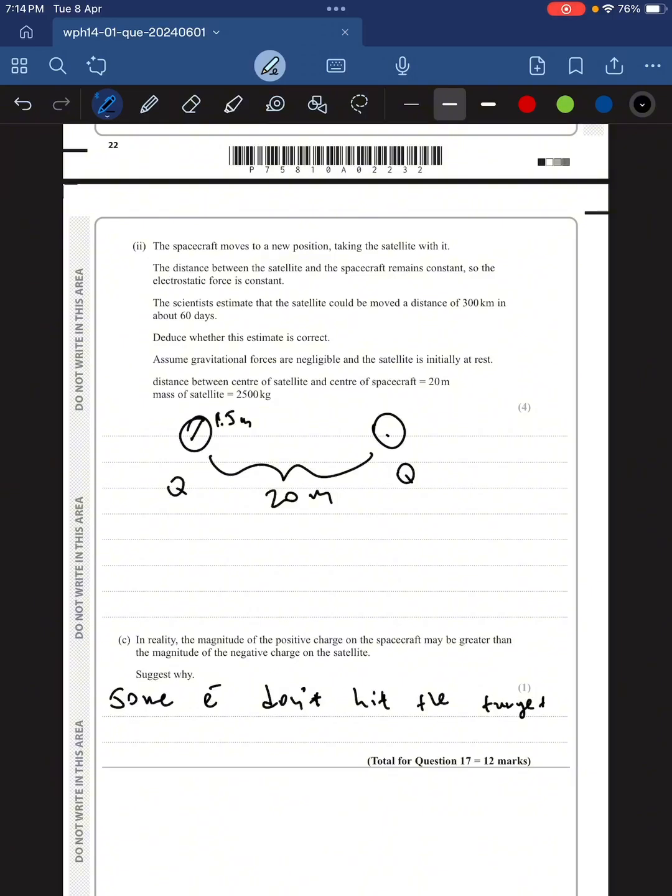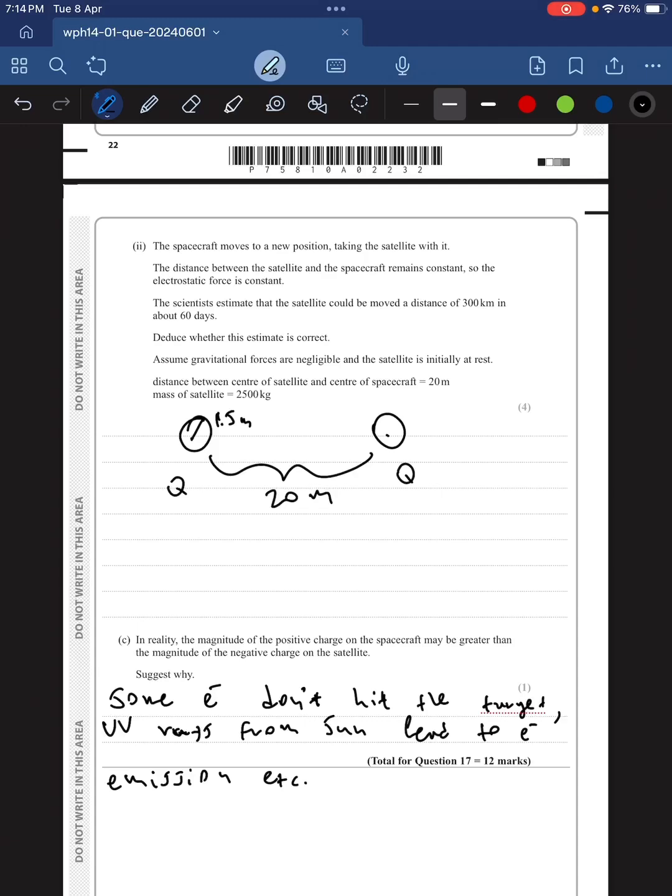Okay. Maybe the UV rays from the sun lead to electron emission, etc. You can check the mark scheme for other answers.